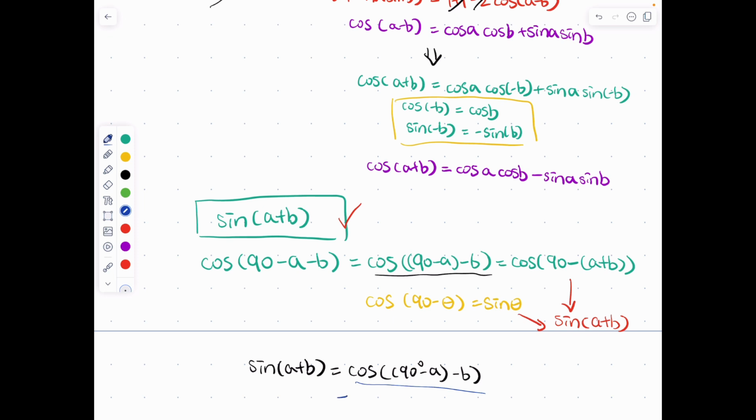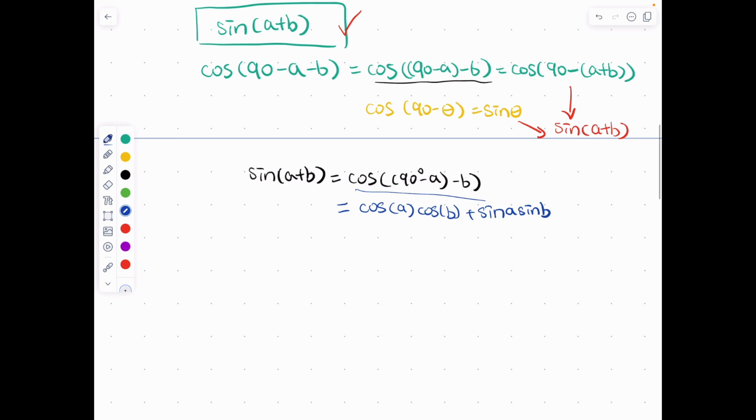So that is equal to cosine A cosine B plus sine A sine B. So what is that equal to? We can just plug in the A, which is this, and the B, which is this.